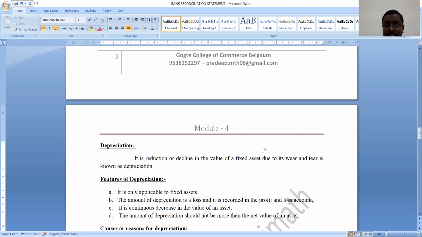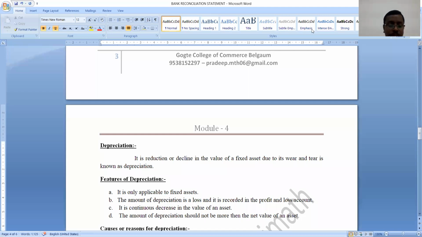So there will be a reduction in the value of an asset. Reduction in the value of an asset is known as depreciation.